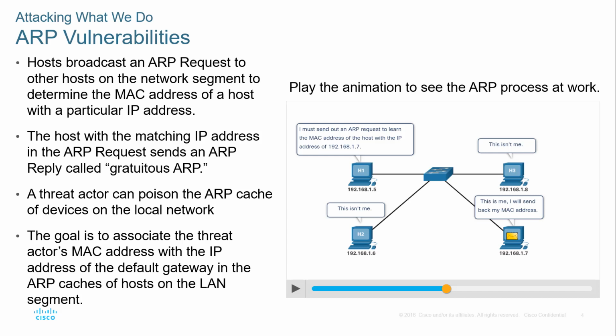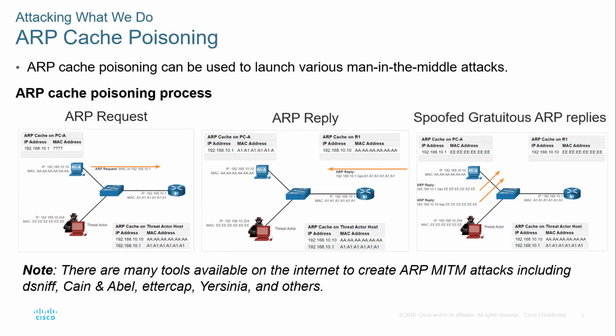This will allow the threat actor or the attacker to start doing man in the middle if all of the devices believe that the MAC address of the default gateway is actually the attacker's machine. That allows that man in the middle to actually start its process. So this entire process is called ARP cache poisoning.